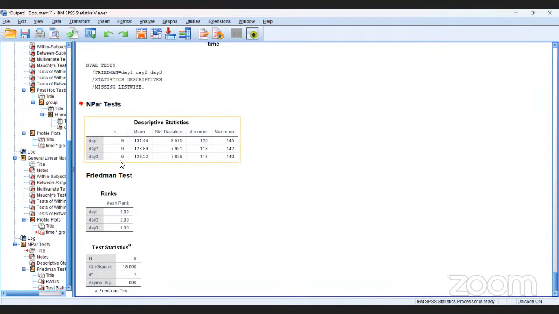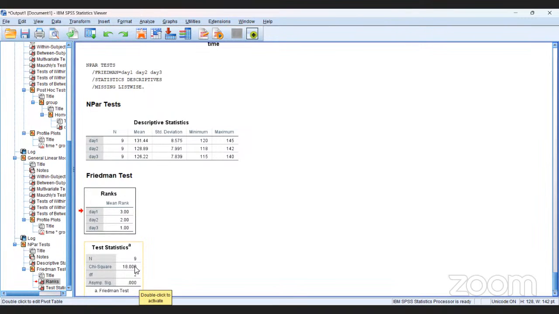Three groups are there. Day 1, the mean is 131.44, 128.89, and 128.22. And the rank is day 1, 3, day 2, 2, and day 1 is 1. And this is significant.